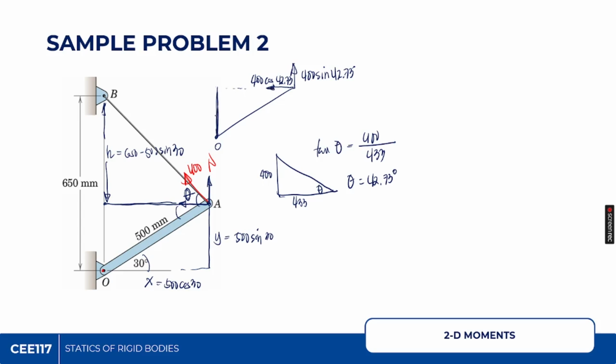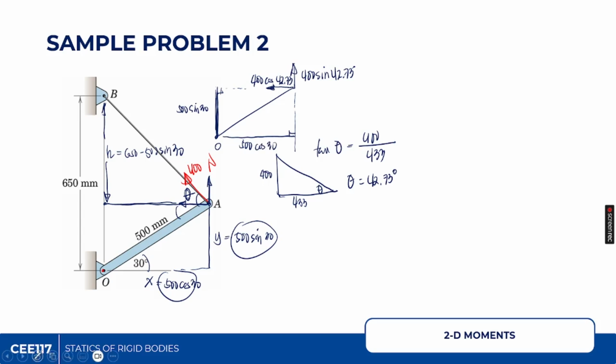Perpendicular distance niya would be this one. And that is equivalent to this one. Tama ba? 500 sine 30. Ito naman, yung 400 sine 42.73. Atin yung ipaproject dito, yung perpendicular distance niya, ito. And that is equivalent to this one, 500 cosine of 30. Kuha ba?